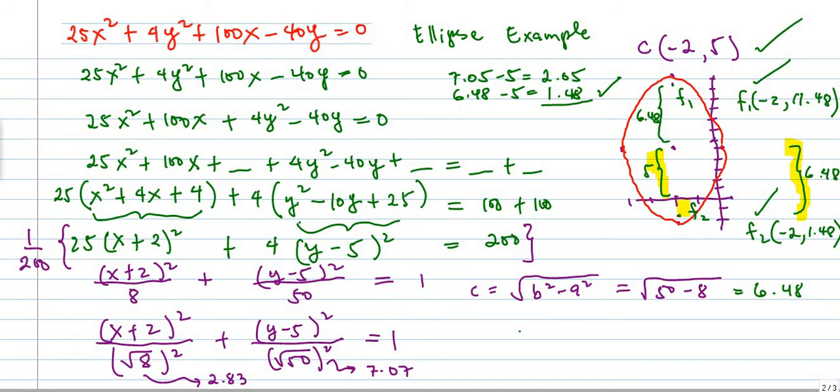So, area is pi AB, which is equivalent to 3.1416 or 3.14, okay lang. And then our A is square root of 8. Square root of 8 ha, hindi yung 8. And then B is square root of 50. Which is equivalent to.